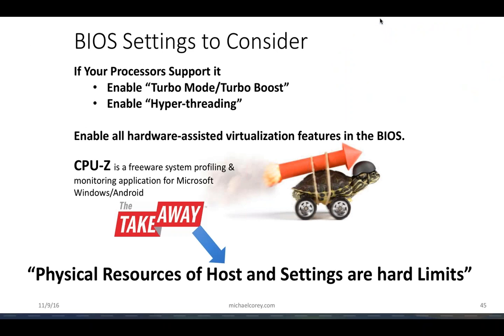So physical resources, there's 2 slides in this, really affect and become hard limits. And in fact, there's a nice tool, CPU-Z, that will help you look at profiling your Microsoft Windows environment. If you haven't used it, it's free, and it brings a lot of useful information.